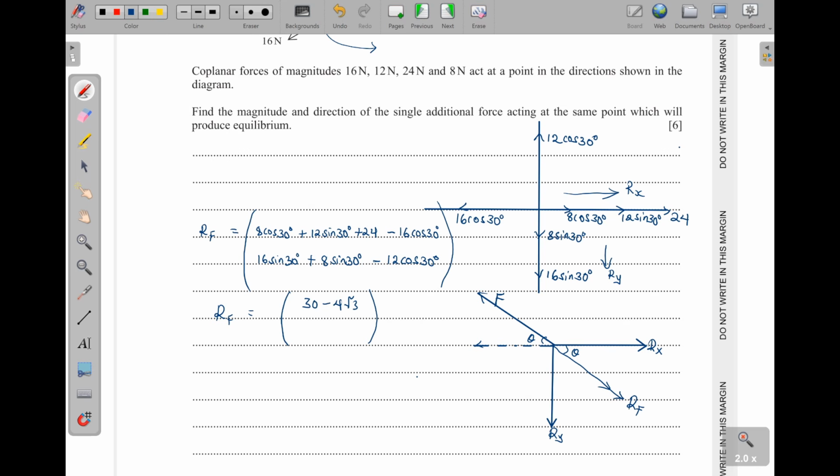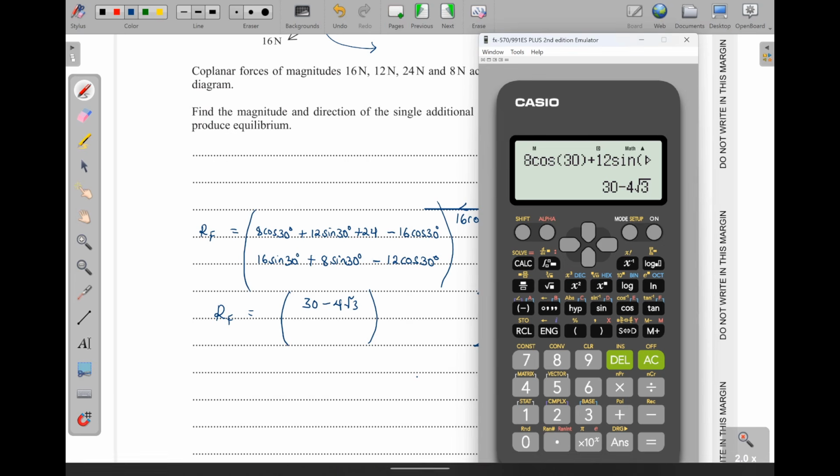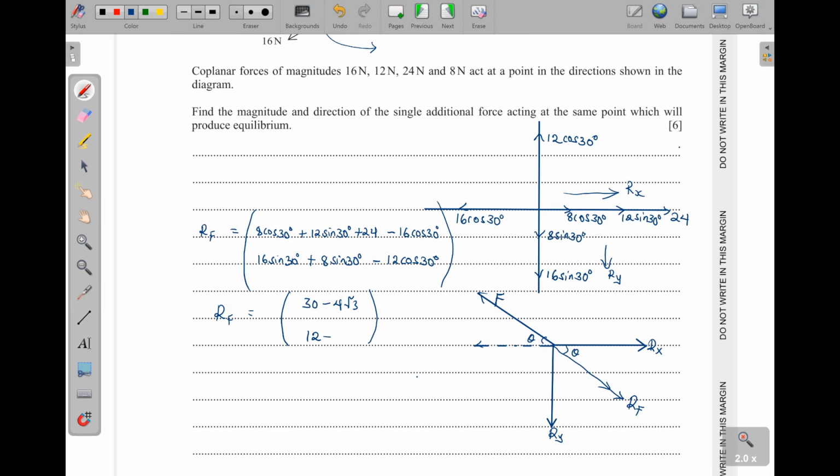And then I also go to Ry. My Ry is going to be 16 sine 30, because that will be 8, then plus 8 sine 30, that will be 4, then minus 12 cos 30, that will be 6 root 3, and then we get 12 minus 6 root 3.